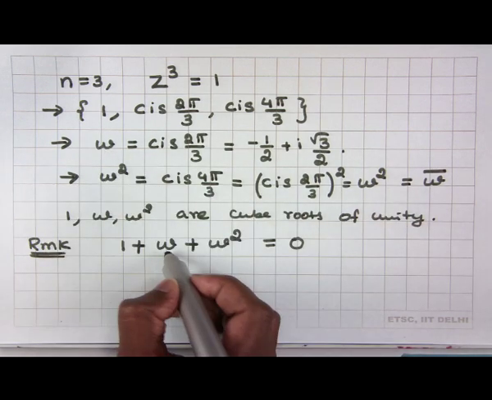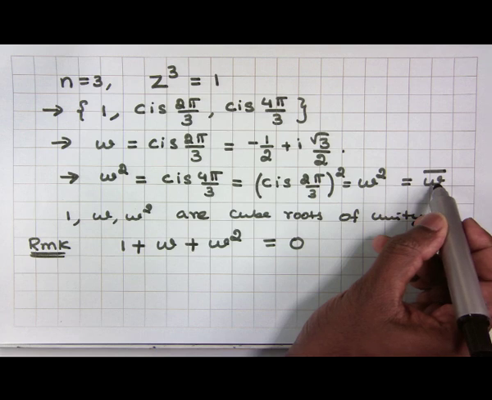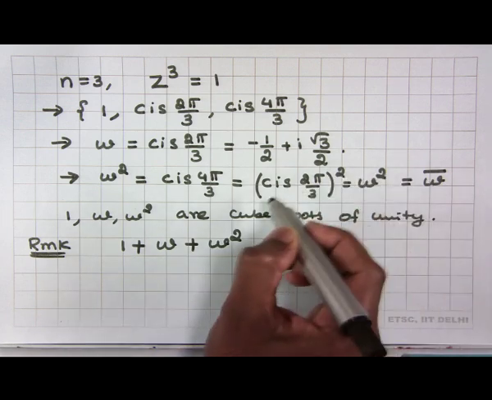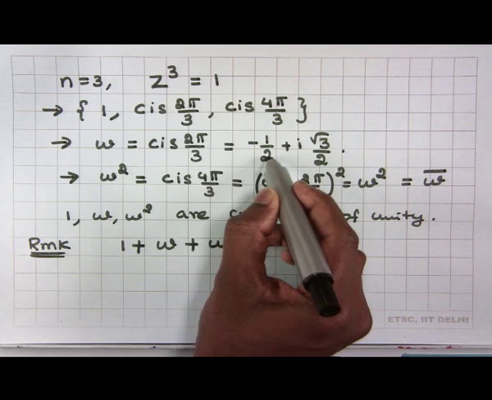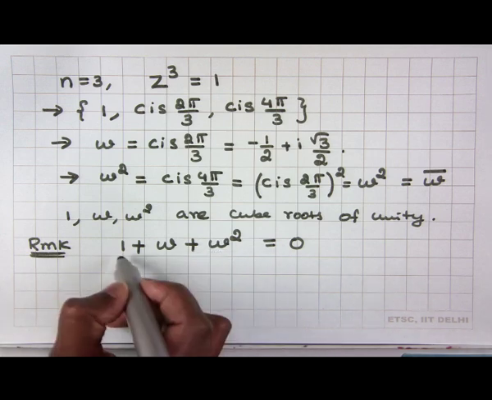Once you sum omega and omega square, the imaginary part cancels, and the real part of omega is minus half. So, you will get 2 times the real part, which is minus 1. So, the sum is 0.